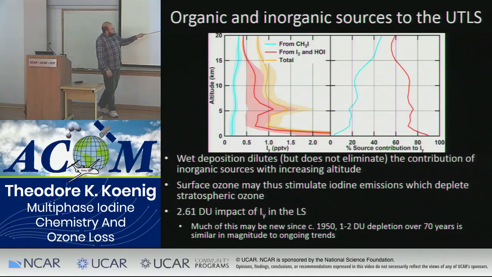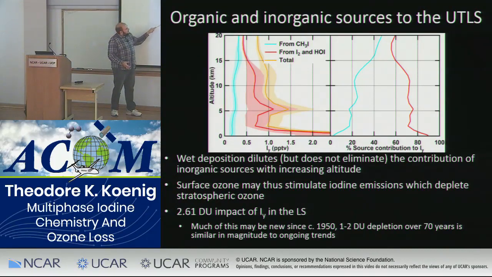And the reason this probably matters for the stratosphere is that if we look at this propagation of sources, here we run the CAM-Chem model where we turn on selectively only organic iodine and then also only the inorganic iodine.